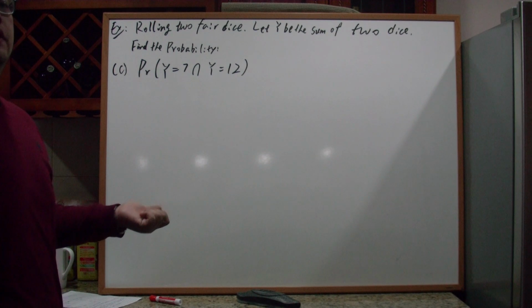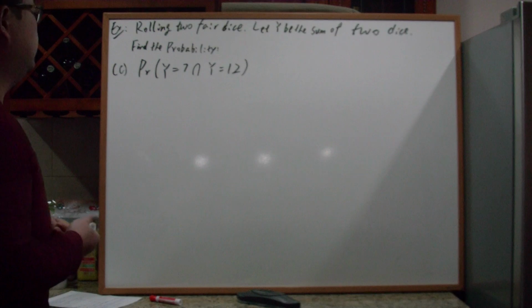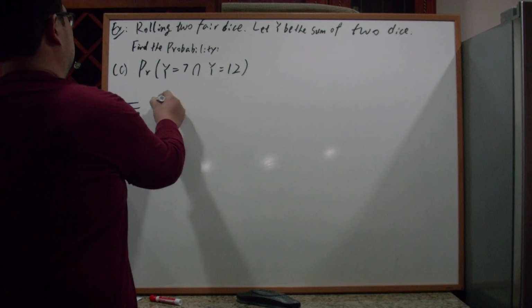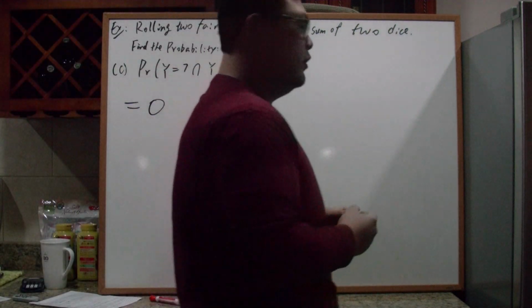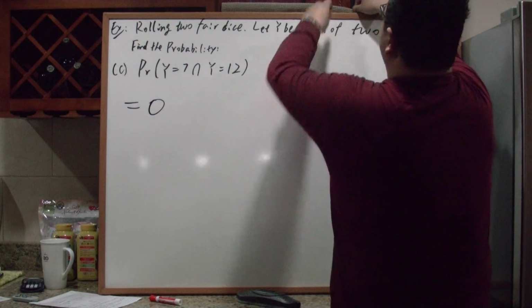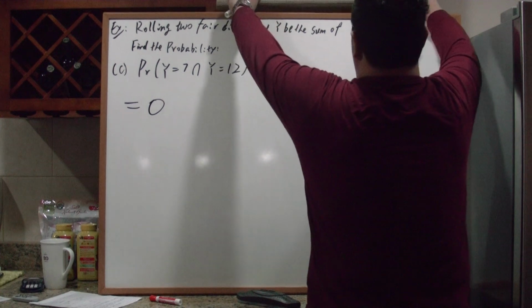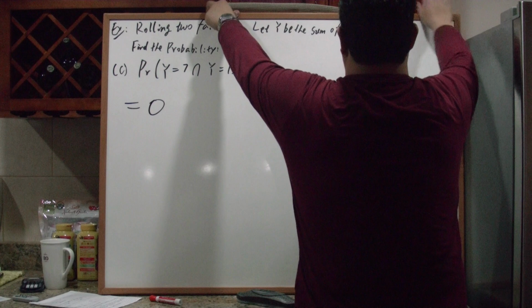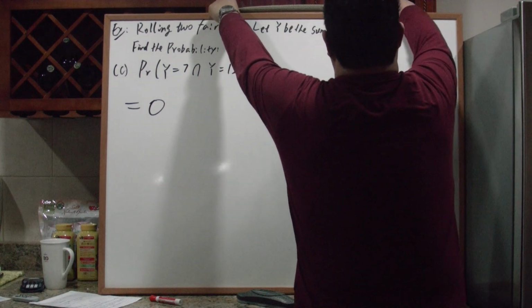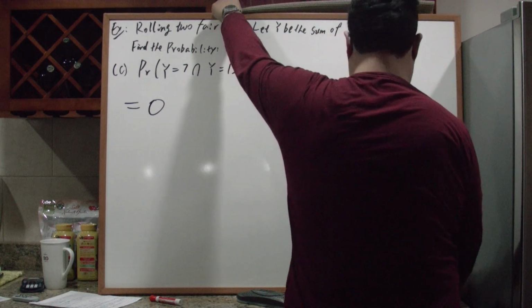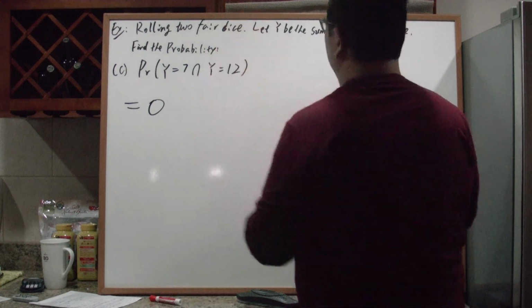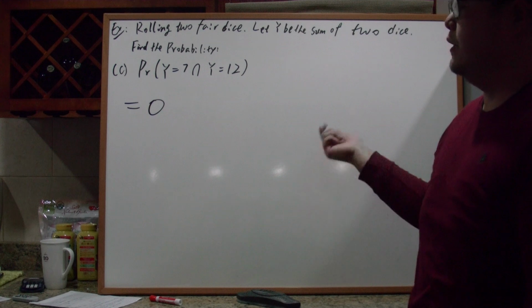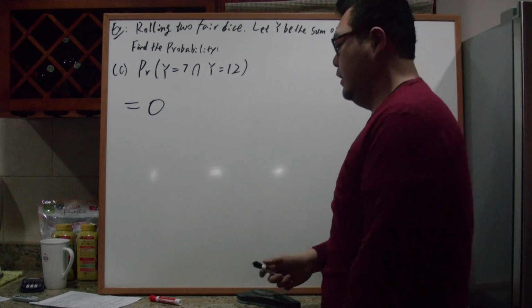Therefore, nothing in common. Since the sum being 7 and the sum being 12 are disjoint, the probability is equal to 0.